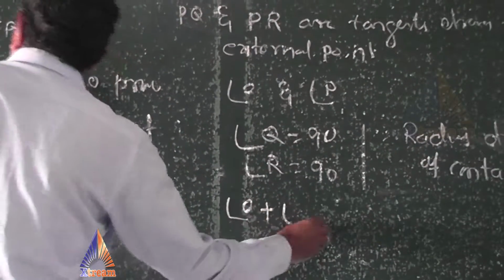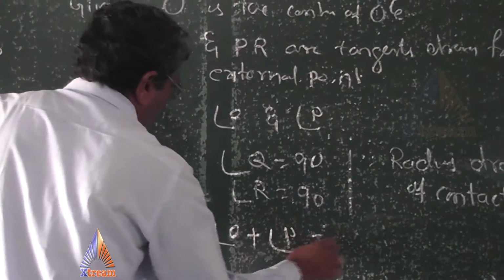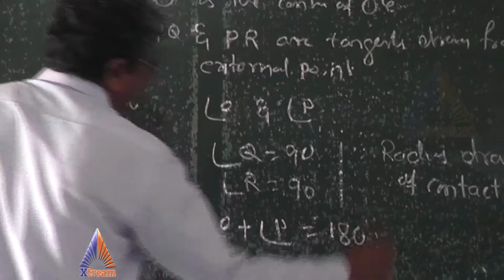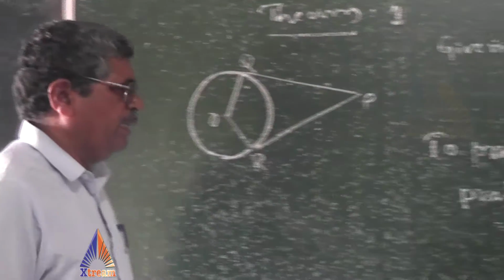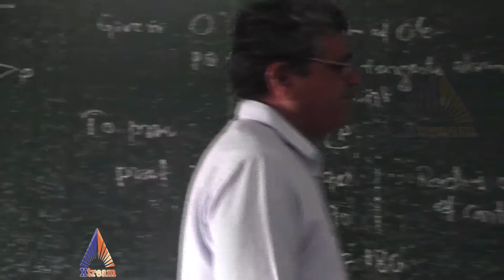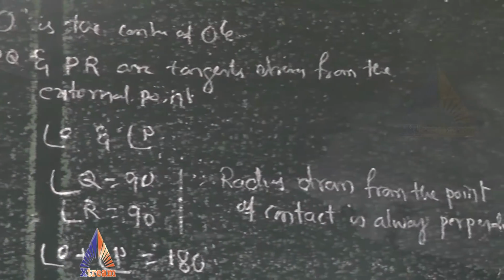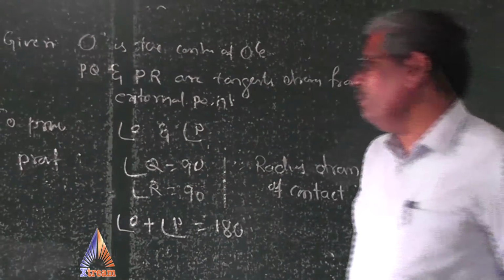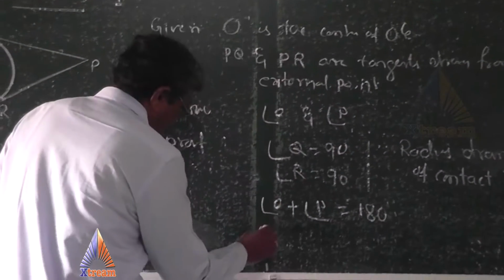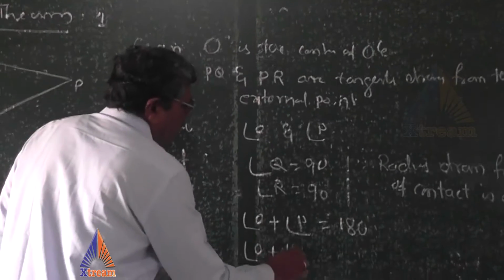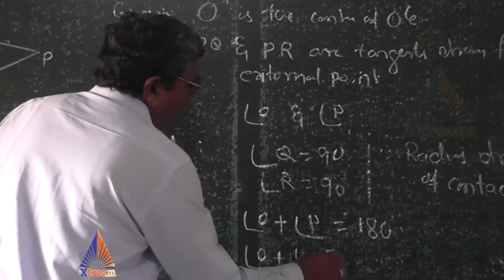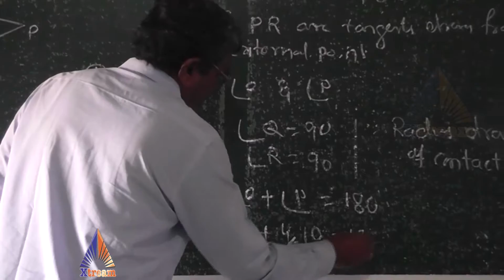So angle O plus angle P is equal to 180 degrees, the remaining angles of the quadrilateral PQOR. The condition given is angle P is equal to 4 by 5 of angle O.